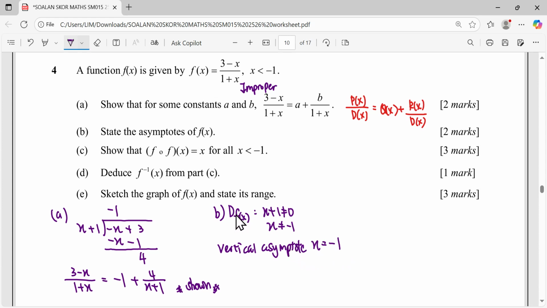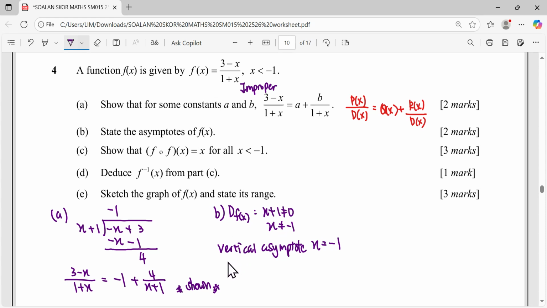The domain is the values of x that your function has. So your x is not equal to negative 1, then that negative 1 is your vertical asymptote.